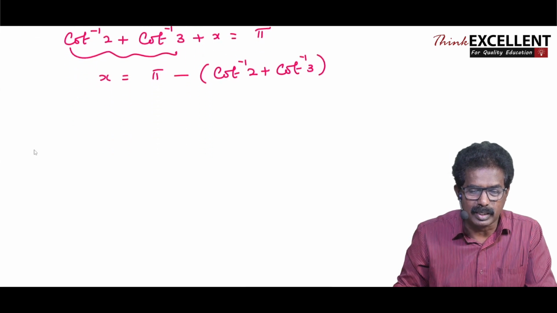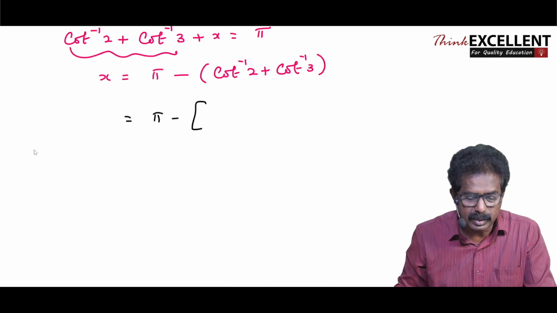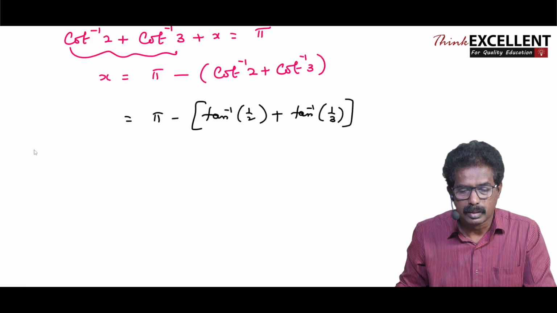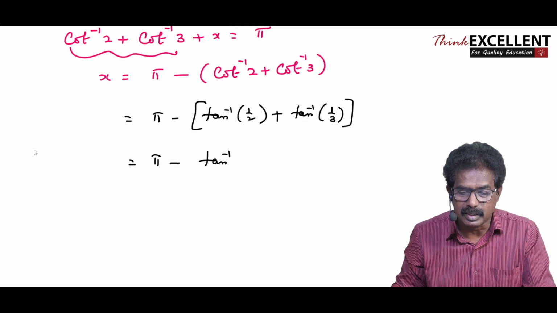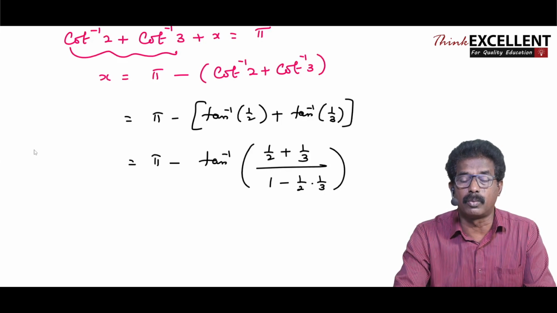So next step, that is pi minus tan inverse 1 by 2, plus tan inverse 1 by 3. Hope you can understand. That is pi minus tan inverse, and now the formula: tan inverse x plus y by 1 minus x into y. Instead of x we have 1 by 2 and instead of y we have 1 by 3.